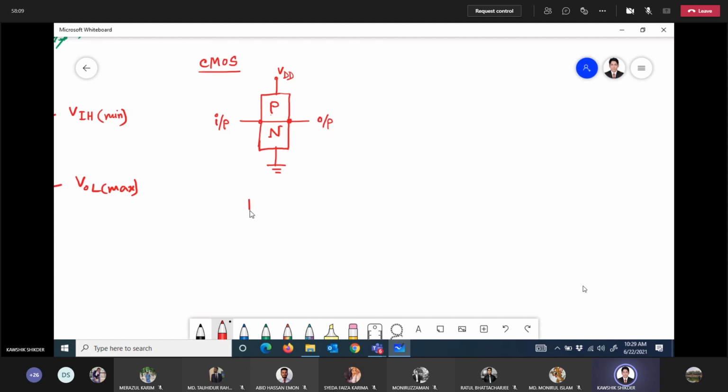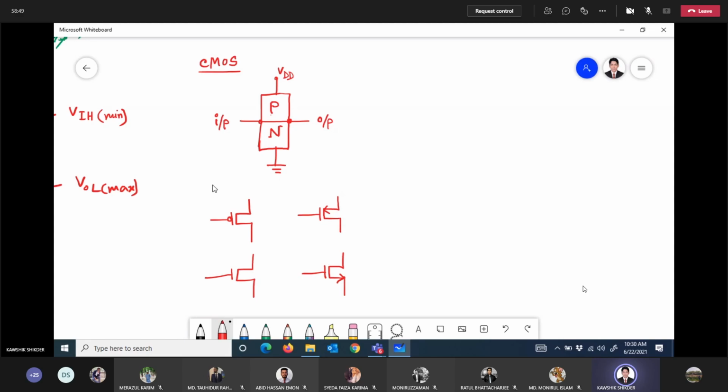Now if I draw the symbols for PMOS and NMOS, can you guess which one is PMOS and which one is NMOS? Are you familiar with the symbols?